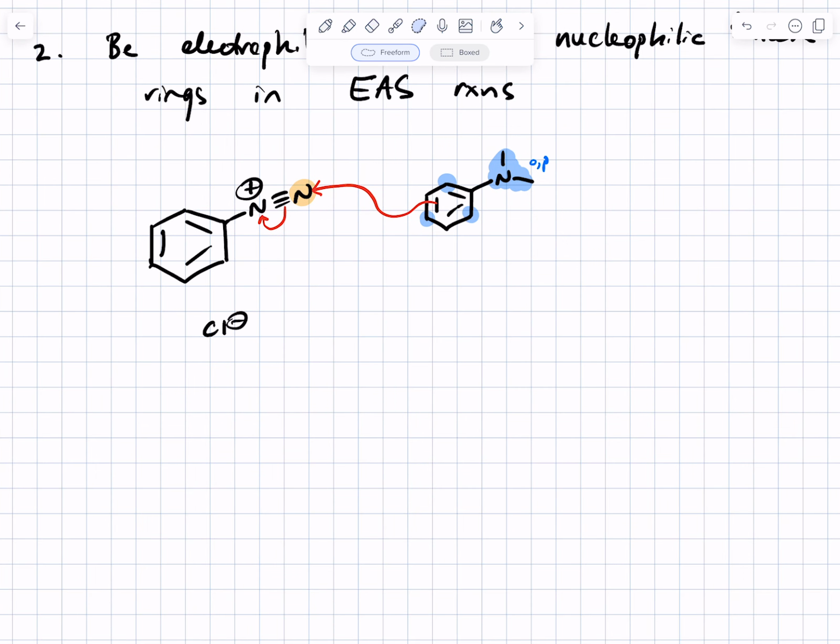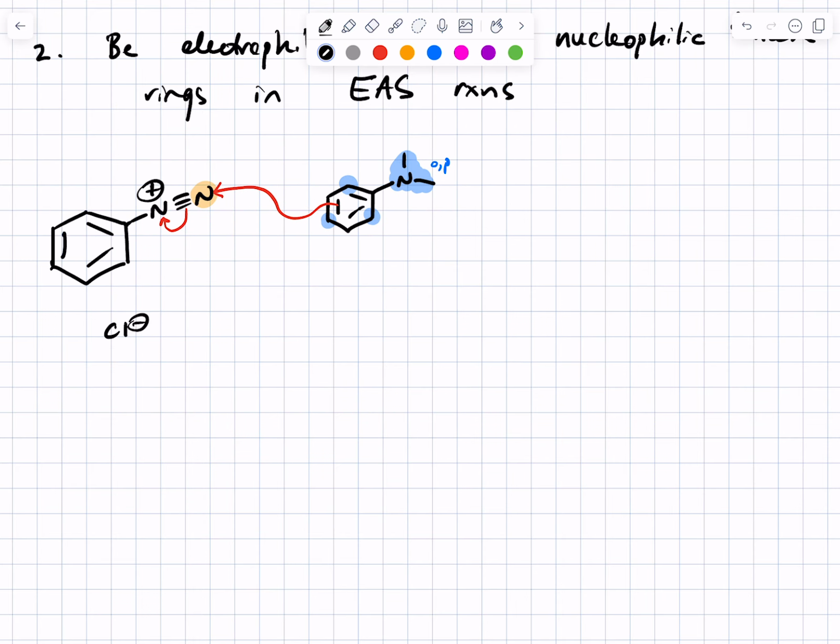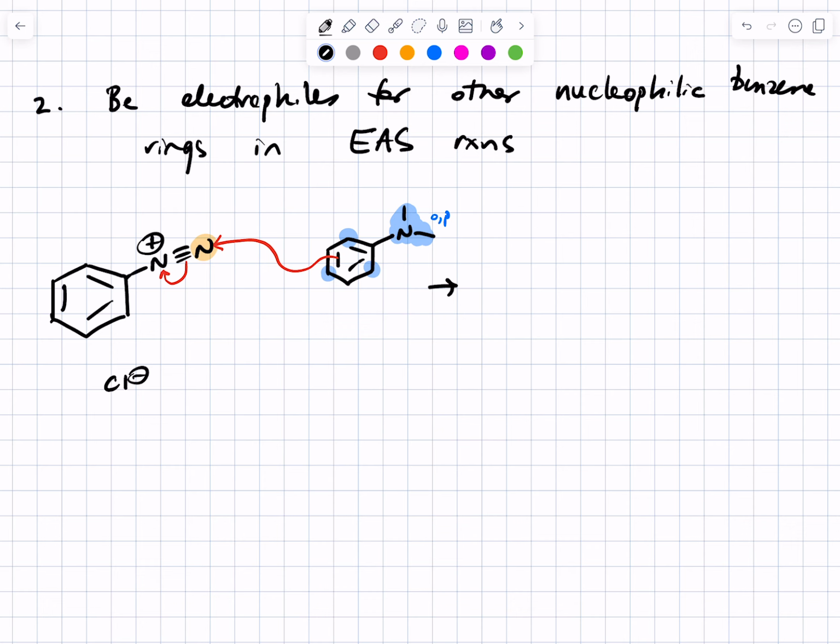What we're doing here is exactly the same as the electrophilic aromatic substitution reactions that you've done previously. The only difference is you've never seen the diazonium act as an electrophile before. Once the electrons from one of the nitrogen-nitrogen pi bonds move out onto the nitrogen, it changes its hybridization.